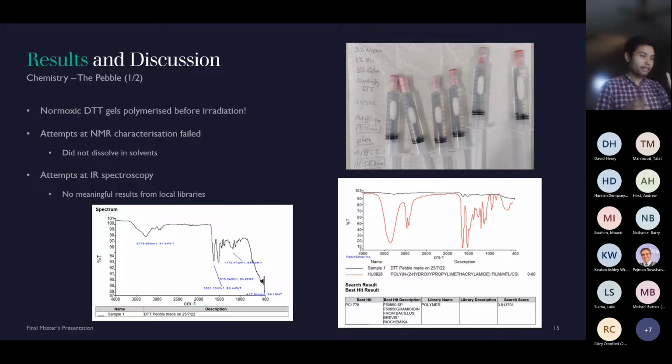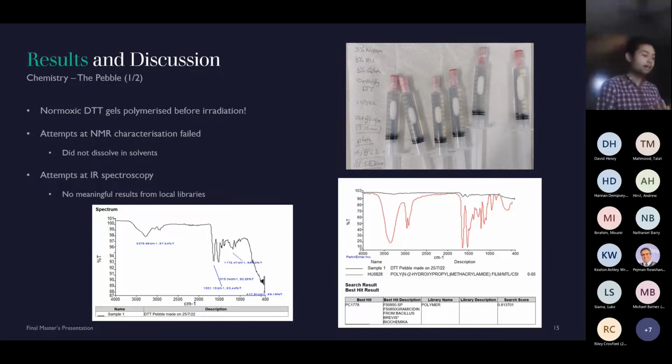The difference between the scan on the left, which is my results, and the scan on the right, is that it's missing a peak at around 1,300, which is the NH stretch. So that wasn't really present, even though it's present in the monomers and the crosslinkers that I've used. So it didn't really produce any meaningful results.